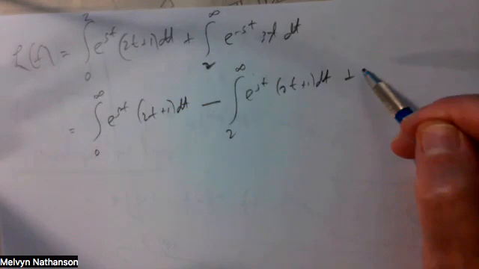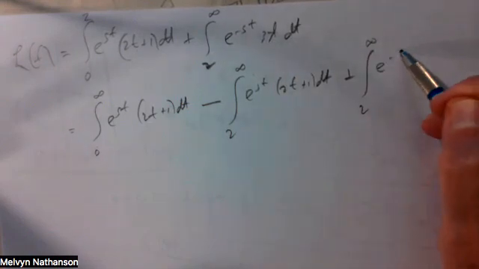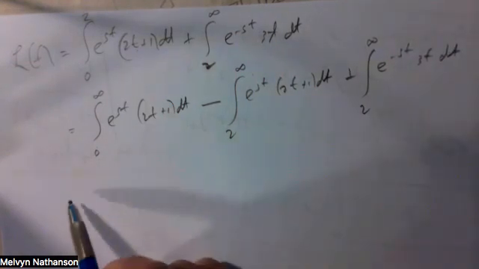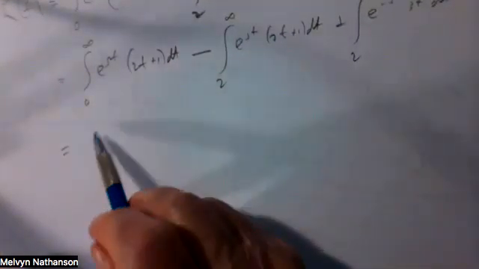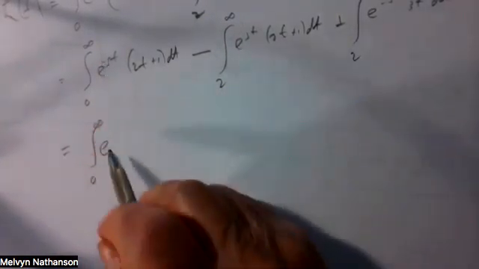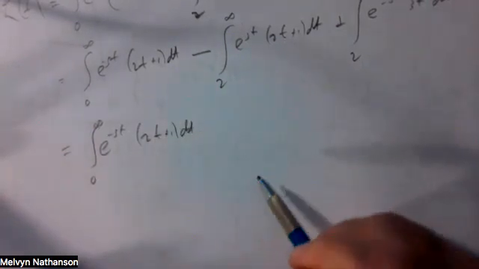Plus the integral from 2 to infinity of e to the minus st, 3t dt. So this is this first integral, 0 to infinity of e to the minus st, 2t plus 1 dt.